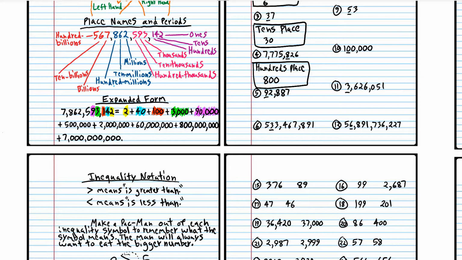Looking at your place value chart, the 5th number over is the 10,000ths place. So the place name is 10,000ths. What number is in the 10,000ths place? 9. So the place value is 90,000.